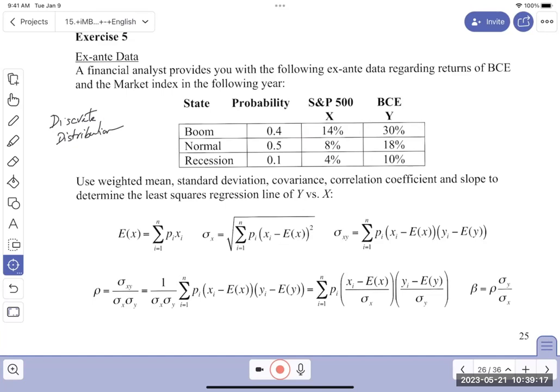And with this, you should be able to calculate a weighted mean, a weighted standard deviation, weighted covariance, weighted correlation, and weighted slope. Now I'm using Greek letters. Does anybody know why I've introduced Greek letters?